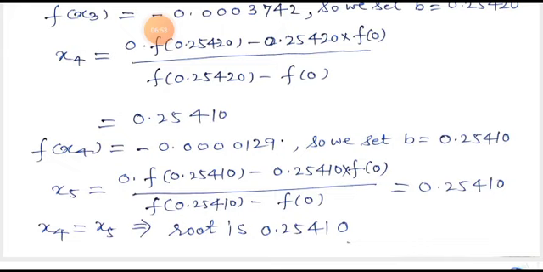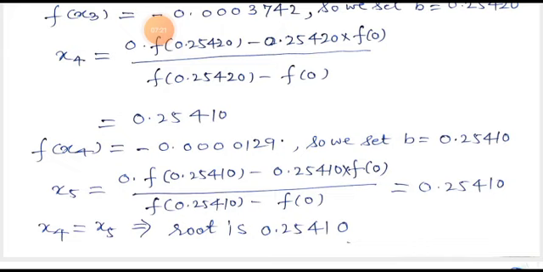This is the value of the function at the point x4. So we set b is equal to 0.25401. Here a is treated as 0.25410 and b is treated as 0.25410.